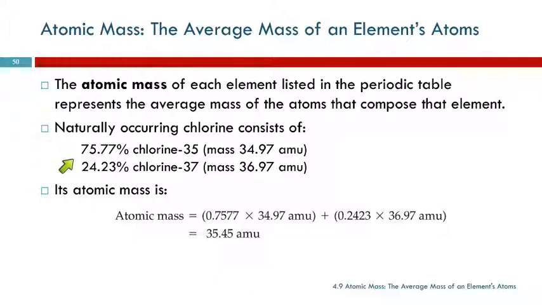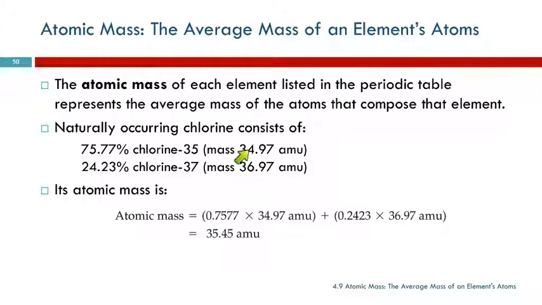So instead of adding up almost literally a gazillion different masses and then dividing by a gazillion, we use a weighted average based on the percentage. So for chlorine, 75.77% is chlorine 35. Chlorine 35 atoms have masses of 34.97 atomic mass units.